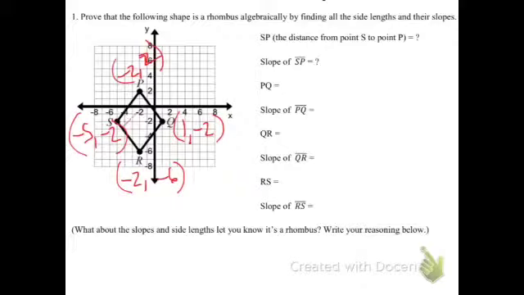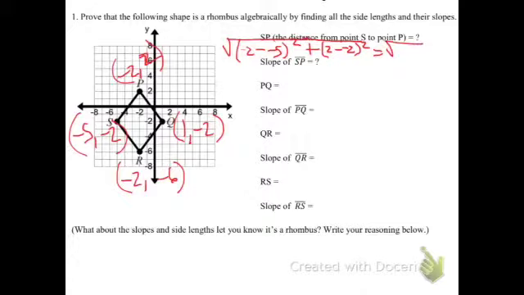So if I'm trying to get SP, I'm going to use my distance formula. P is x2, y2 because it's farther to the right in comparison to S. So I need to get negative 2 minus negative 5, square that. And then I need to add 2 minus negative 2, and then square that.